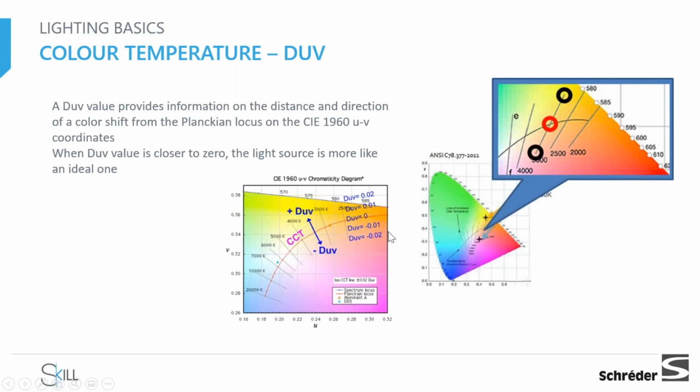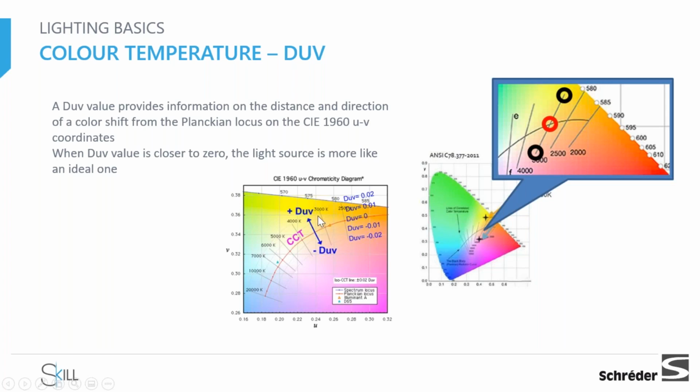And here, if we are going to the color temperature itself, for example 3000 Kelvin, everything on this line is considered to be 3000 Kelvin. However, the optimal color that we want to see is when we are exactly on the black body locus line here.